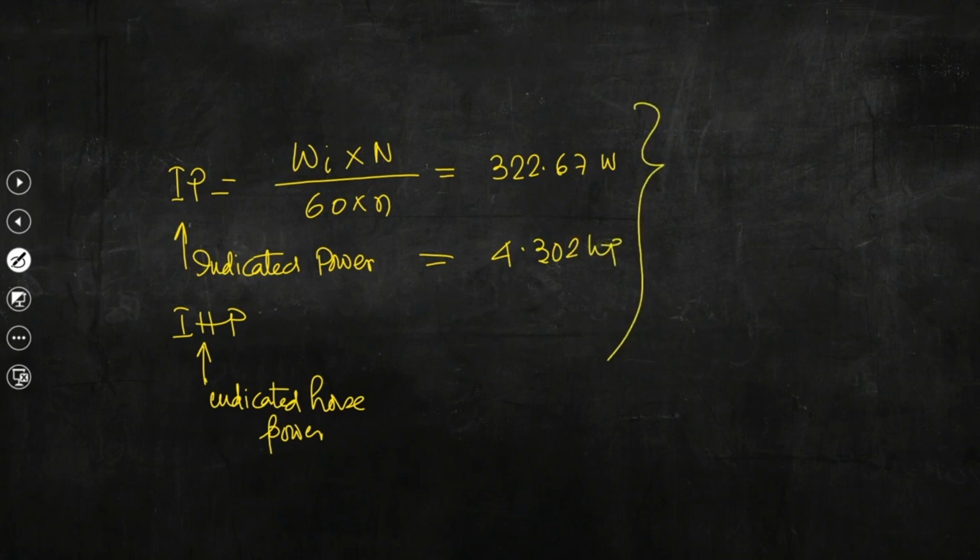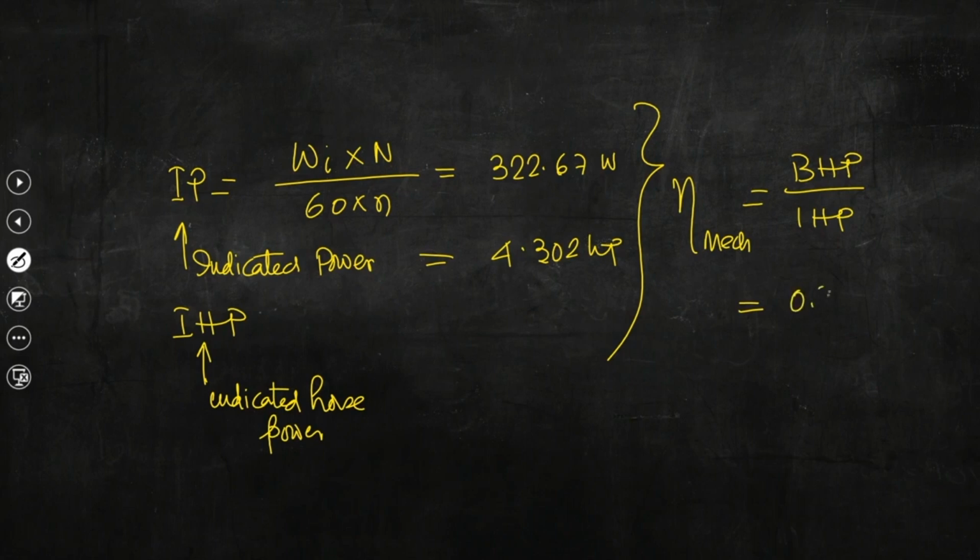From there we can calculate mechanical efficiency, that is brake horsepower divided by indicated horsepower, and that would be 0.7952, that is 79.52%.